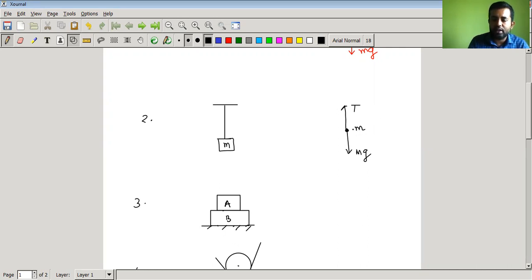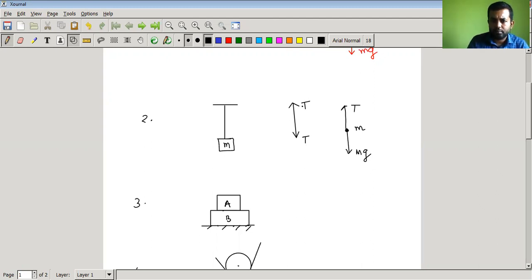Now you may ask that what if the string is our system? So if string is our system, right, so what will happen, this T is exerted by a string on the block. So according to Newton's third law, the string will be pulled down by the same force, right? In the same way, the point where it is attached will feel a force in this direction.